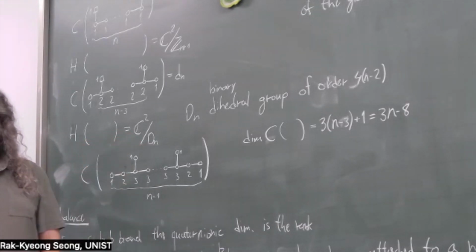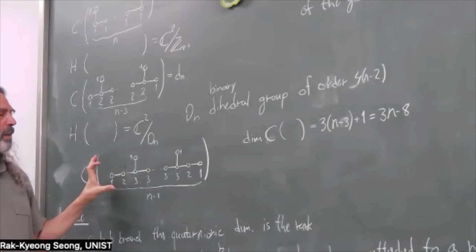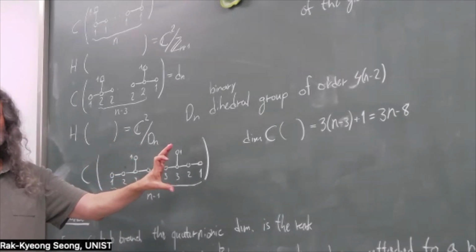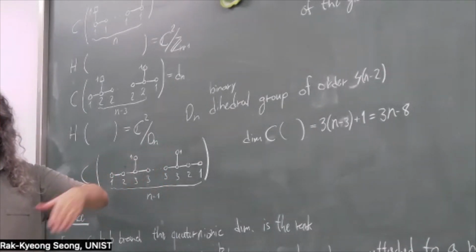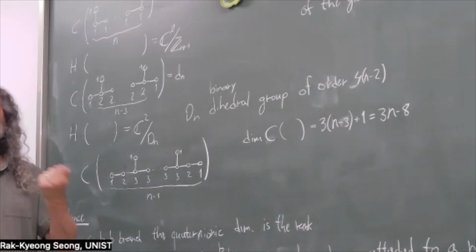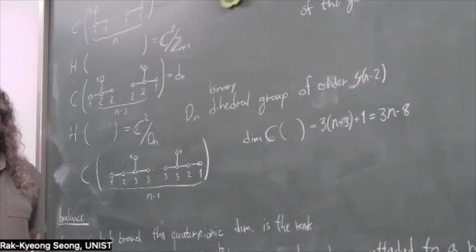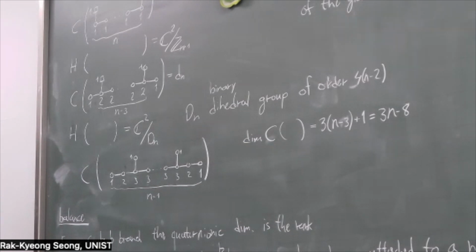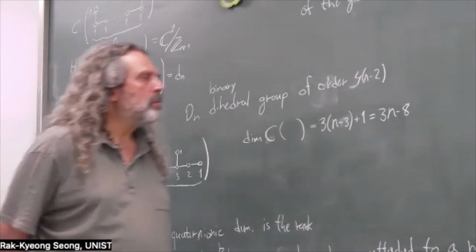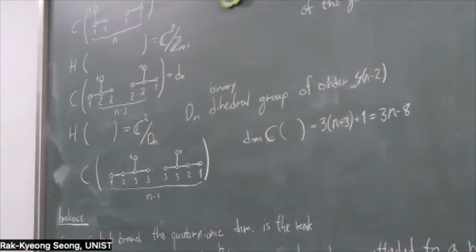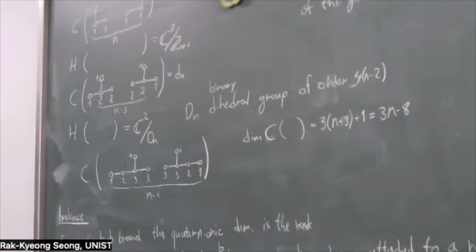So the sum of numbers is plus 2, but since an overall U1 is trivial, it's plus 1. This is a very critical point. It's very important, very physical. So we just need to understand it and use it.